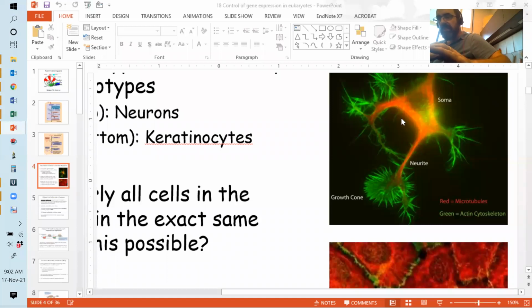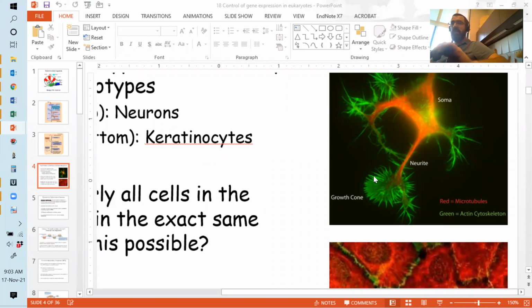So the red is tubulin. The same protein that you encountered in cell division is what the spindle fibers are made out of, which pull apart the chromosomes. And this is actin, which is in us. I mean, it's half of muscle, essentially, actin and myosin.